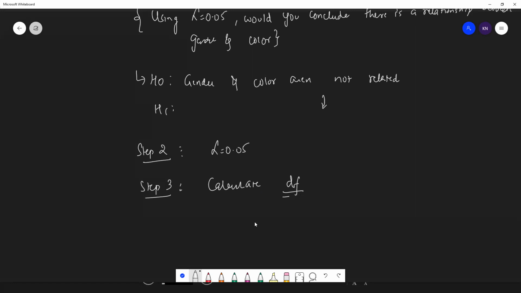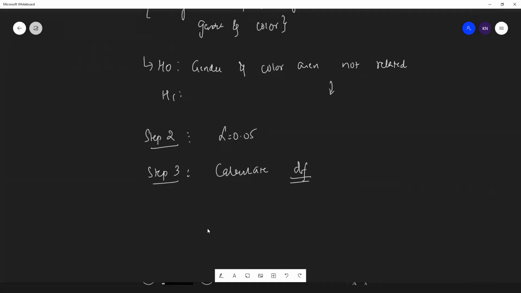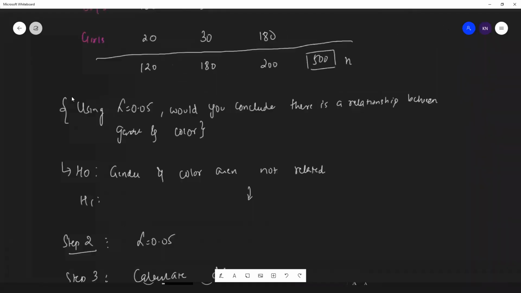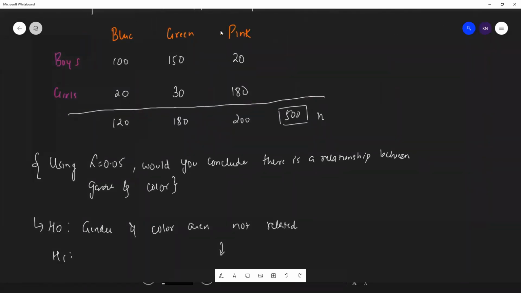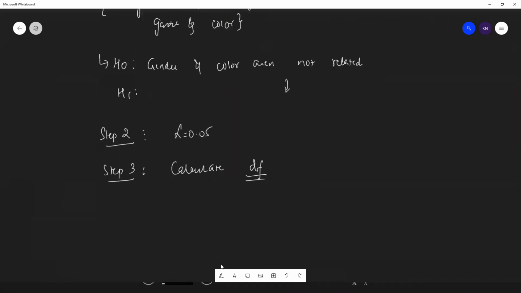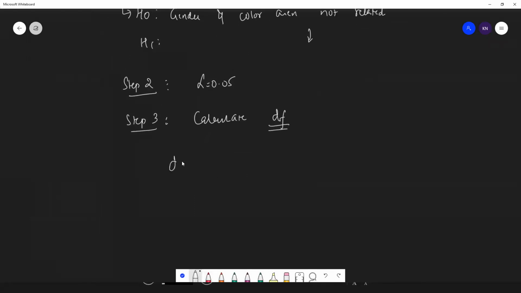Now here the formula will change. Why? Because you have two categories, one is this, one is this. So in this particular case, the degree of freedom will be rows minus 1 multiplied by columns minus 1.